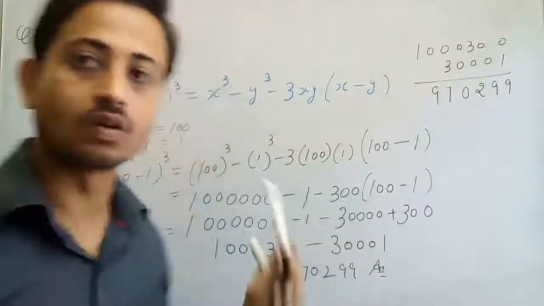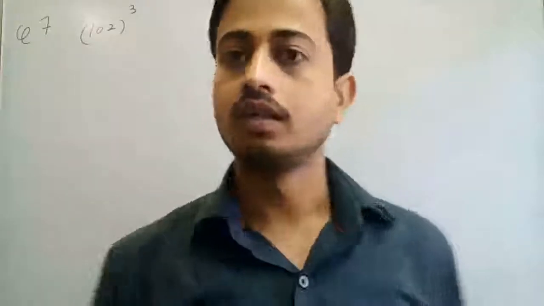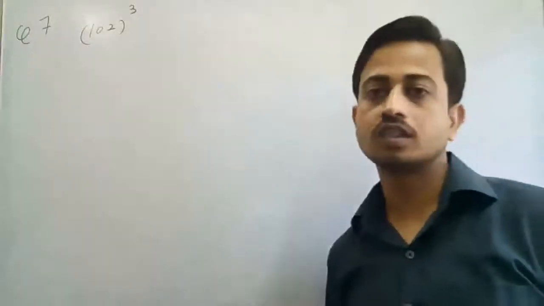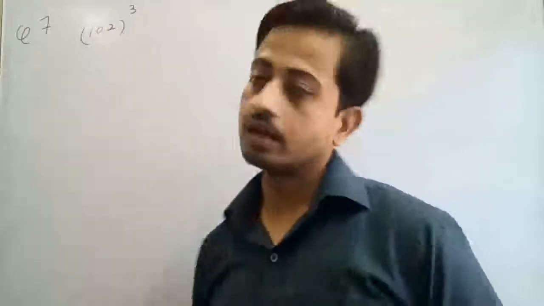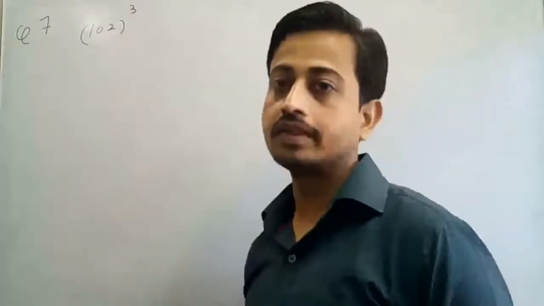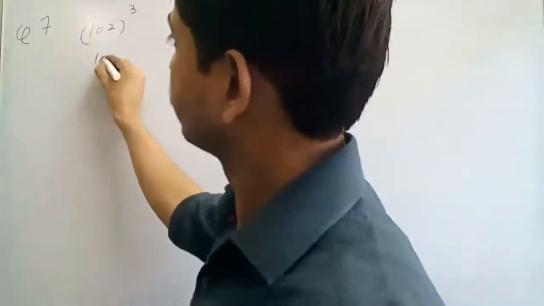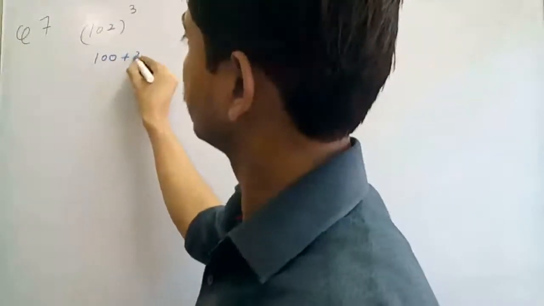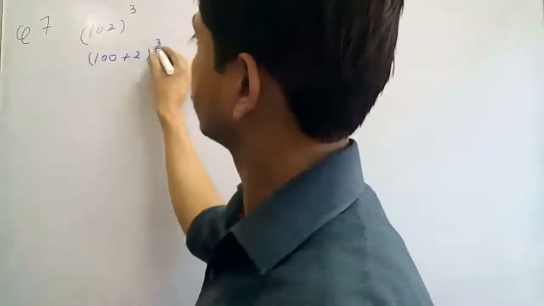Please make a note. Now look at the second part of question number 7. 102 whole cube. So it can be written as 100 plus 2 whole cube.